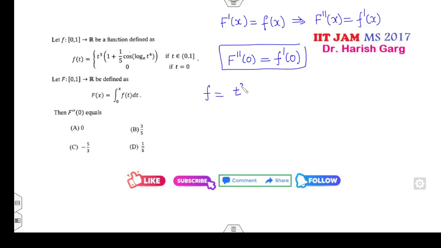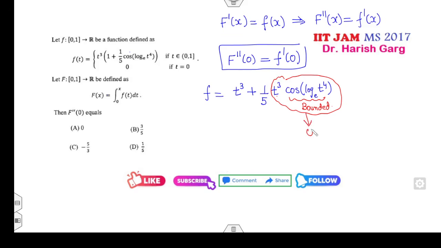What is f of t? I can open that. It's t cube plus 1 over 5 t cube cos log of e t to the 4. Now you can see this function is bounded. And if you find the derivative, because your target is to find the derivative, this function is bounded. इसका derivative कितना आएगा? 3t square.